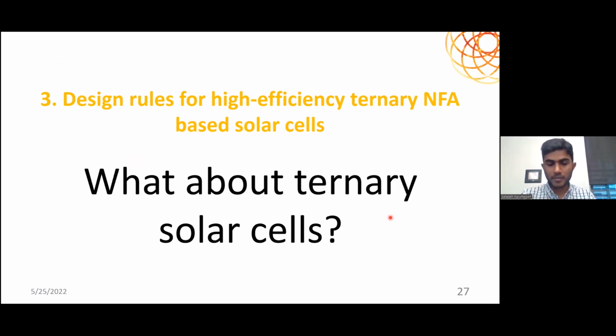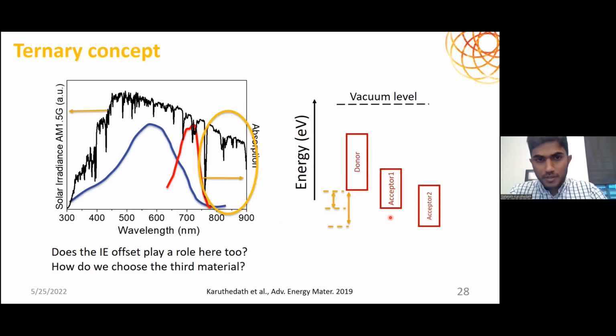Is it the material which has more offset, or the material which is deeper in IE value? The ternary concept is that when you have three components together, we can harvest more light so that we can increase the efficiency. So what's the role of IE offset here, and how do we choose the third material to have maximum absorbance and also maximum charge generation?